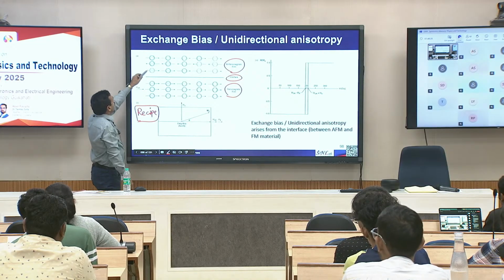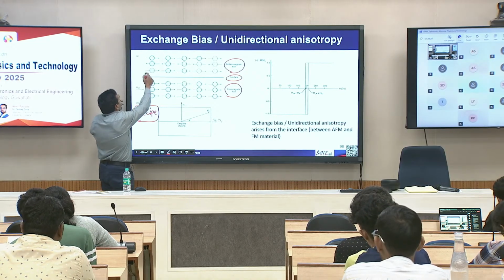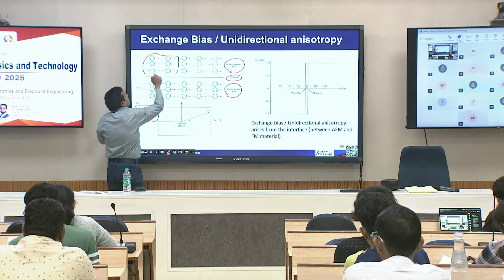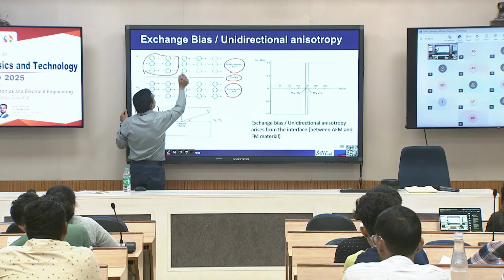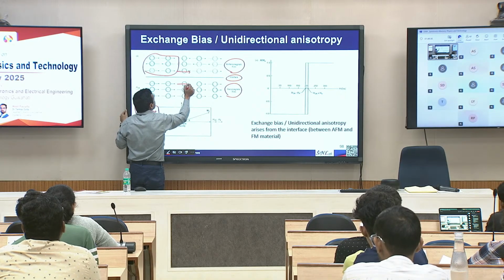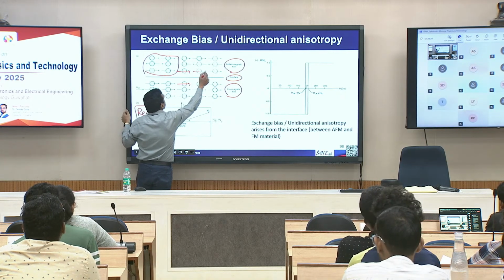Okay. So the antiferromagnetic spins, you can see that they are antiparallel. But at the interface you can see that the spins of the antiferromagnetic material and the ferromagnetic material are parallel.